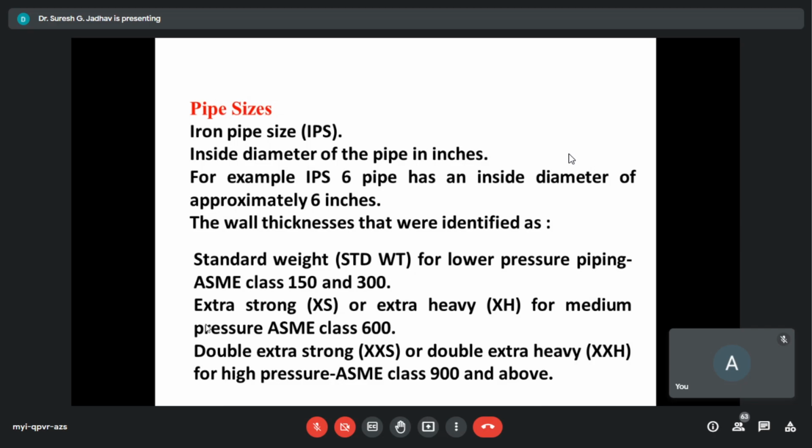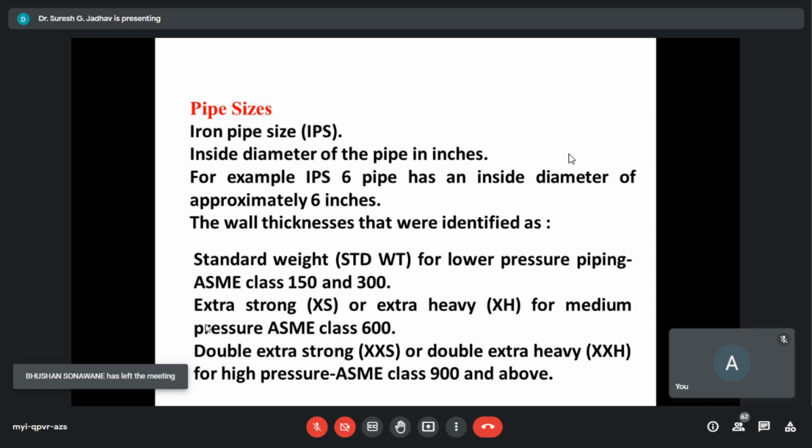The size identified the approximate inside diameter of the pipe in inches. For example, IPS 6 means iron pipe size 6, which has an inside diameter of approximately 6 inches.